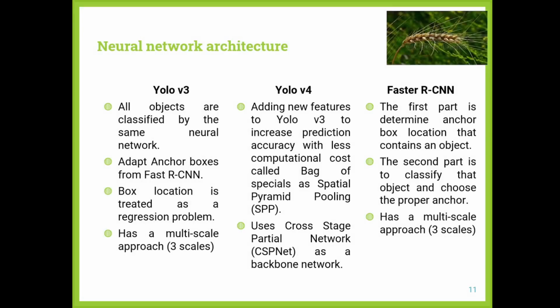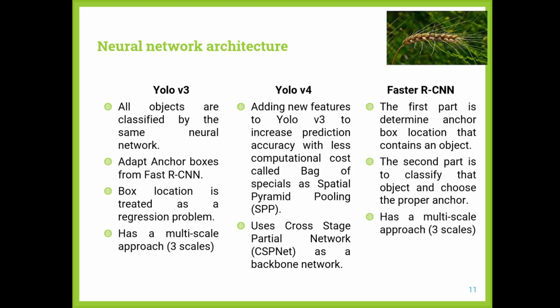Here is a brief comparison between the 3 architectures. YOLO starts first by classification of the object and then tries to find a bounding box around this object. It treats this problem as a regression kind of problem.